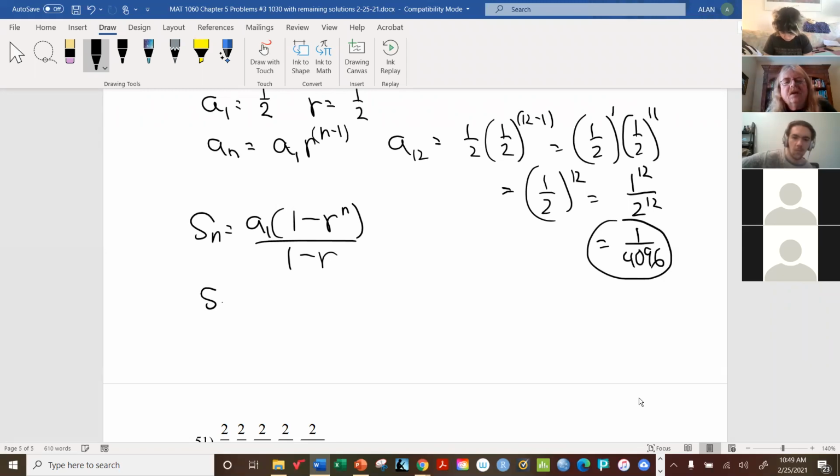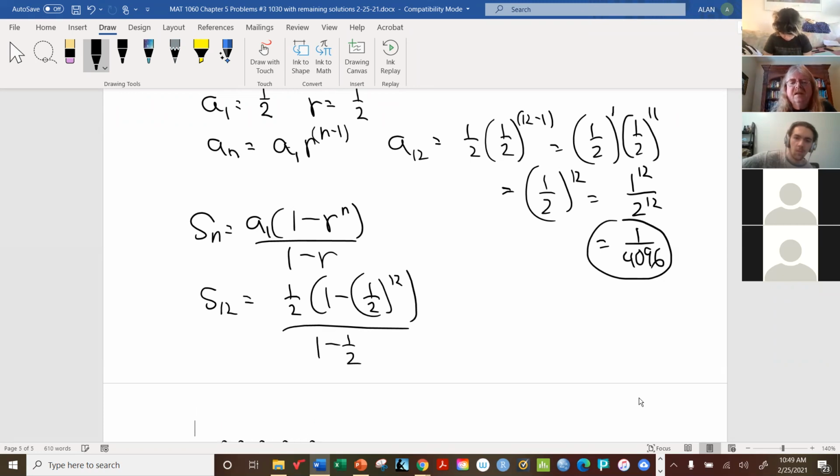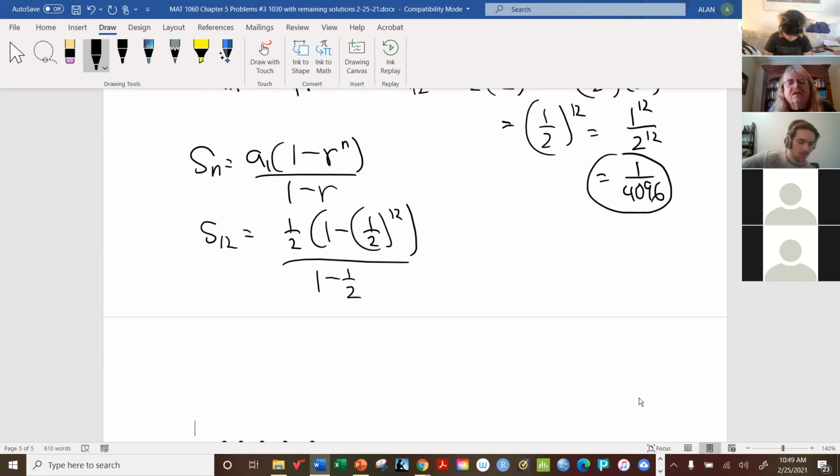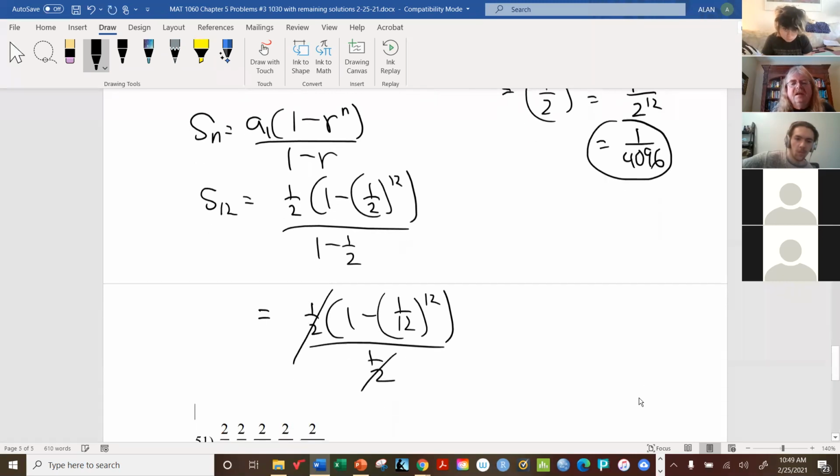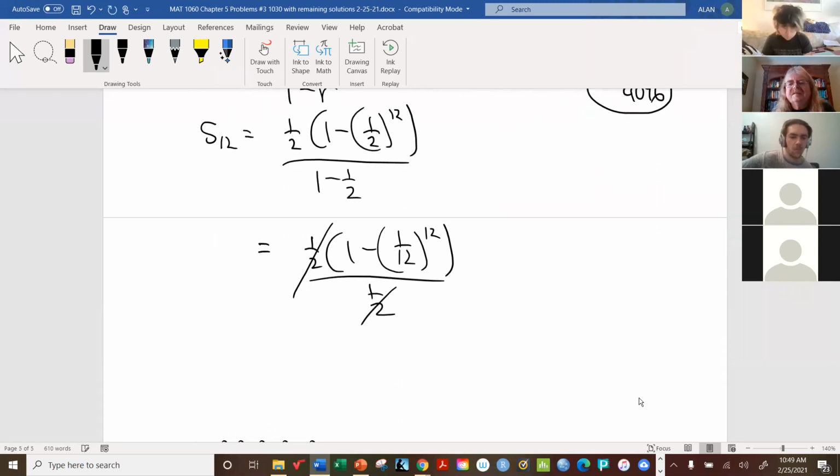So S12 would be 1/2 times (1 minus 1/2 to the 12th) all over (1 minus 1/2). Now, here's an interesting result. These cancel out. Well, that's convenient.